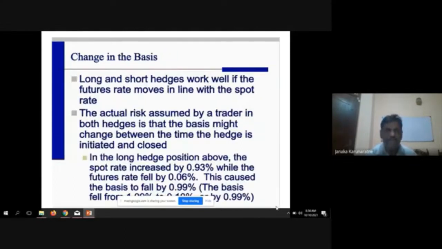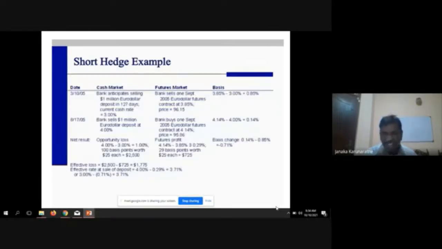Okay. So now, what you saw, even this example which I explained, it will not completely eliminate the loss, but it will reduce the risk. Now, for example, if they didn't have this futures hedging, that is selling a future contract in the euro dollars, the bank would end up with a cost of 2,500.